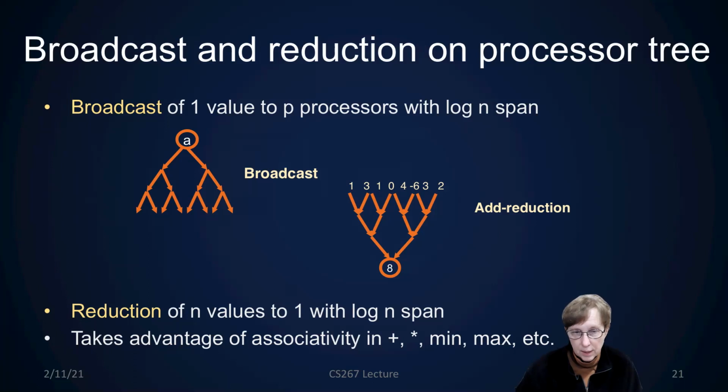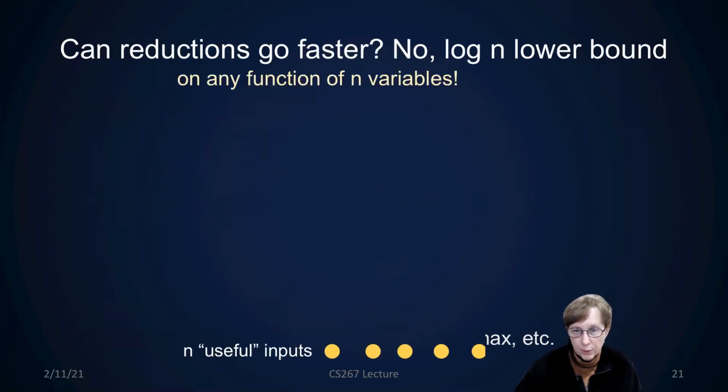In the reduction, of course, it's taking advantage of associativity, because if you were running this serially, you would add up, say, the 1 and 3, and then the 1, and then the 0. Whereas in this case, you're going to add up, I guess, 3 and 2 here before you add up the other elements, or at the same time as you're adding up 1 and 3. So you might ask the question, can we do any better on a parallel machine?